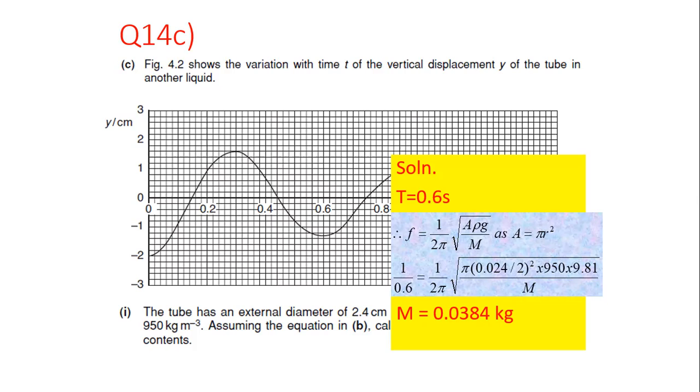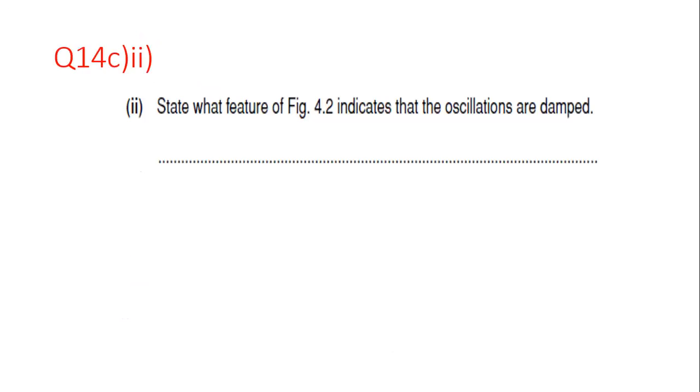We answered previously, you've forgotten already. What are the features of the graph that tell you the oscillation is damped? It's not asking you damped and light. They ask you how do you decide that it's a damped oscillation from the graph?